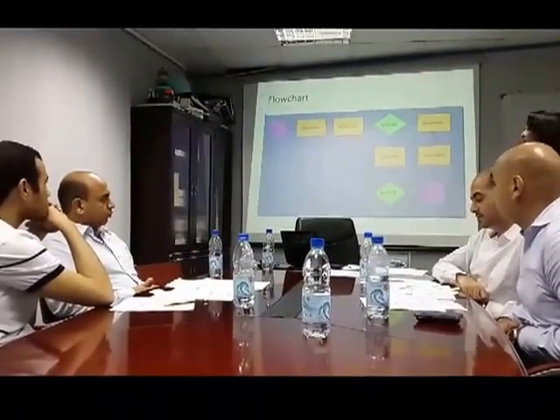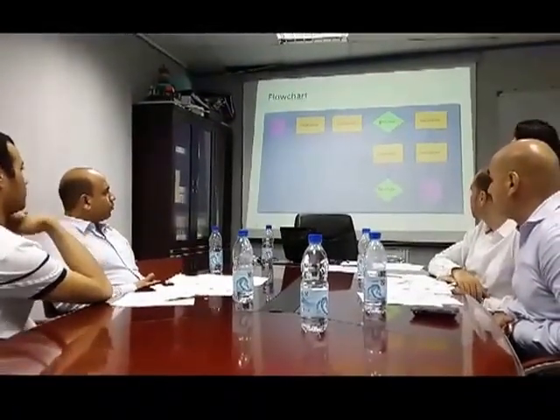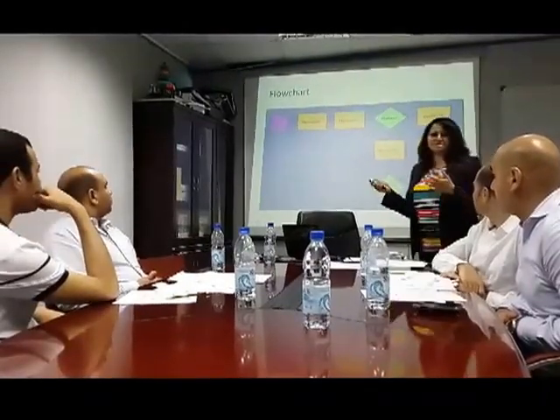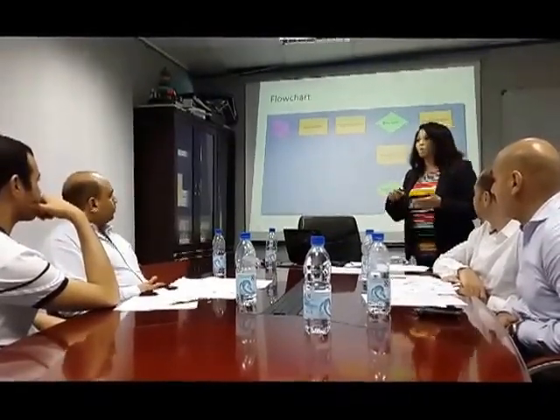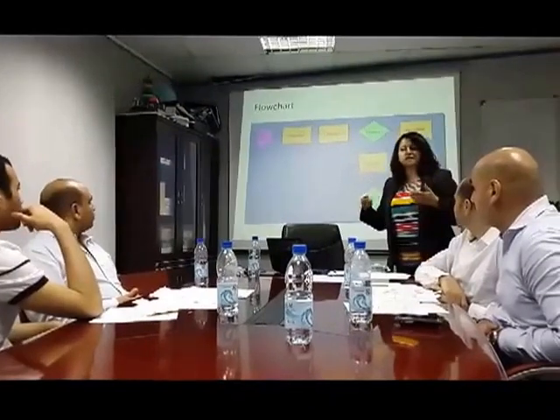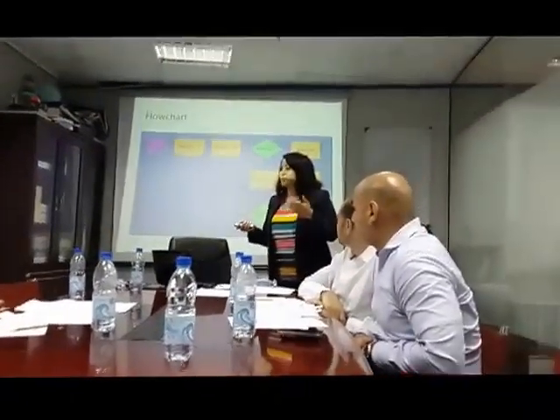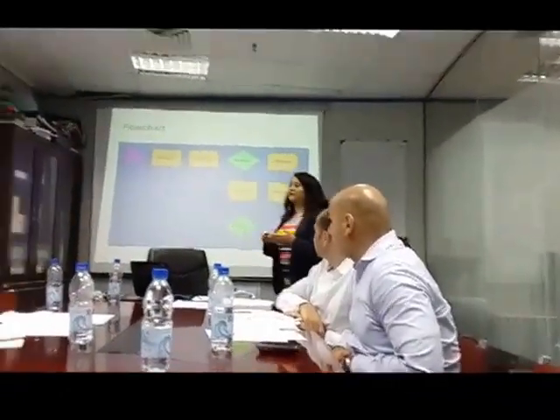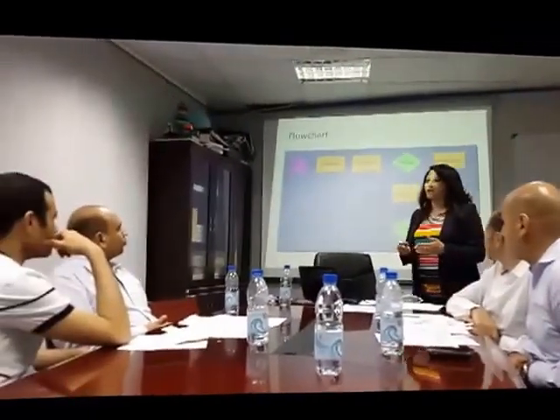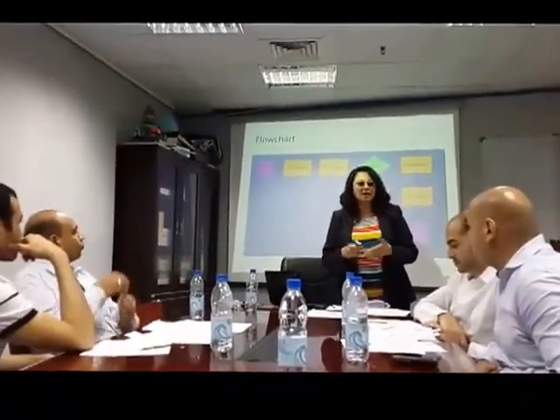diagramming technique that we use is the flow chart. Now, flow chart is very simple. It's just a matter of having boxes and going from one box to the next, and sometimes you have to make decisions about yes or no. For example, if you're working in a company or in an organization and you get a bill to be paid, what do you do?